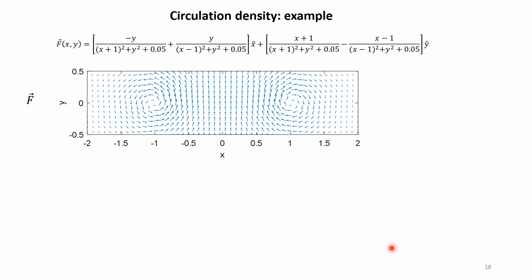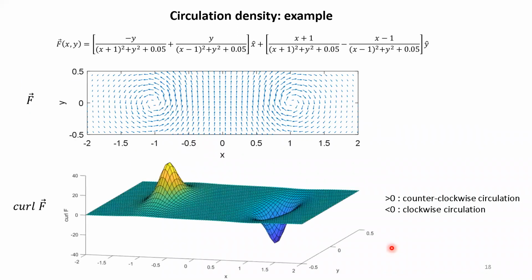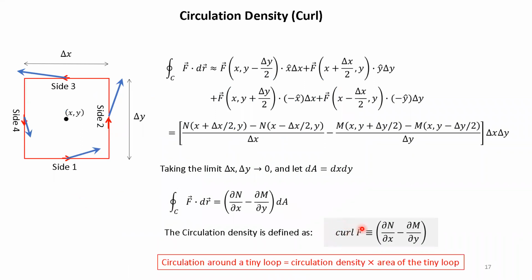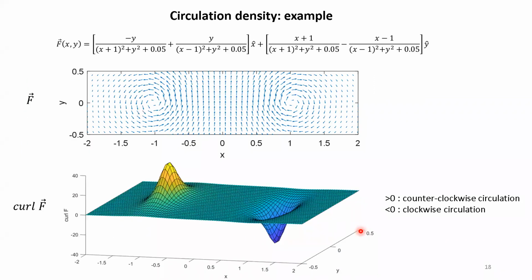And if I do that, this is what you will see. If you are away from either of the vortexes, like if you are here or over here, the curl of F, the circulation density, is very small, almost zero.